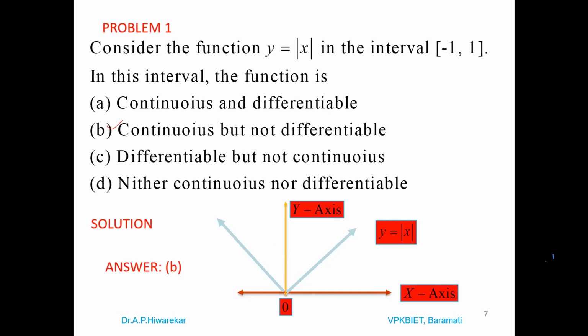But there is a corner point at x equal to 0, so it is not differentiable at x equal to 0. We have taken the interval -1 to +1, and 0 is part of this interval. So the function is continuous but not differentiable. That is our answer.